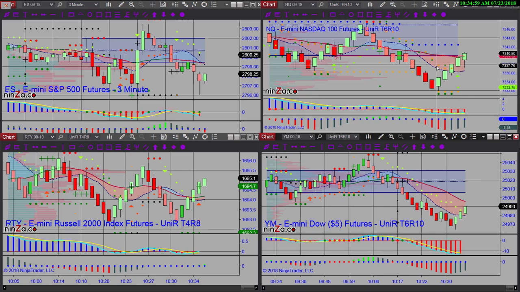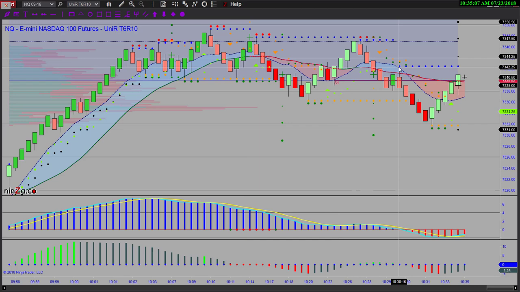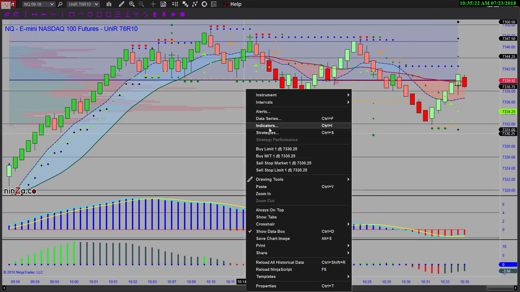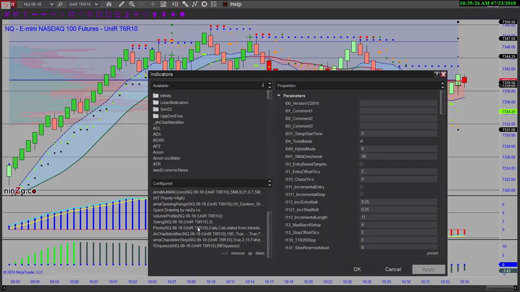Yeah. You're talking about the blue dots here. These blue dots and these orange dots are swing trades. I think they're built directly into NinjaTrader 8. On 7, I don't know. But they're swing. Let me go to indicators. Swing.